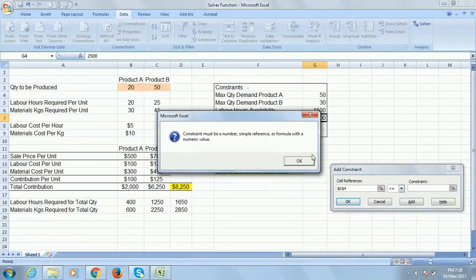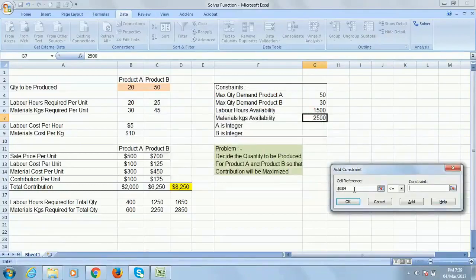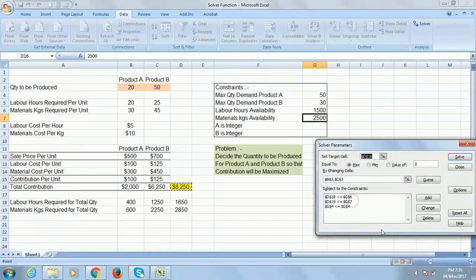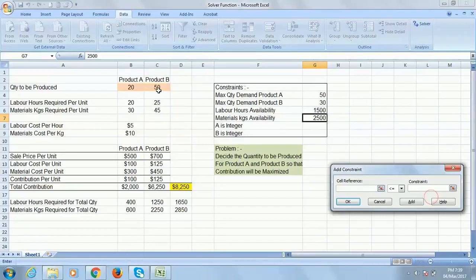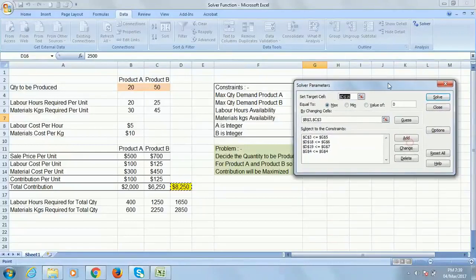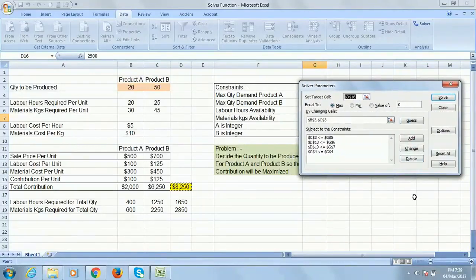And the same for the other product, this can be less than or equal to this. So friends, we have entered the constraints. Let us check our solution.